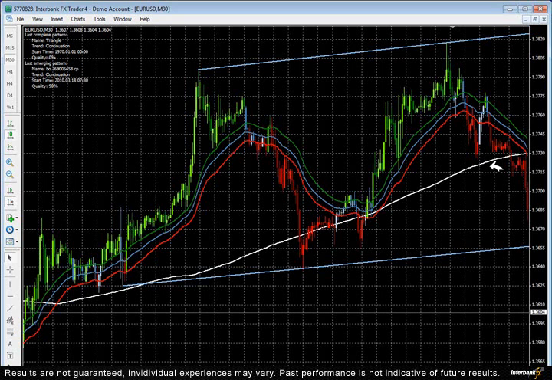Some traders might say it's when I have a certain number of lower lows or a certain number of higher highs, or for other traders it might be when they can actually draw a trend line, a downtrend line across the lower set of highs, or an uptrend across the higher set of lows. Whatever it may be, I think everybody has a methodology by which they identify the trend.